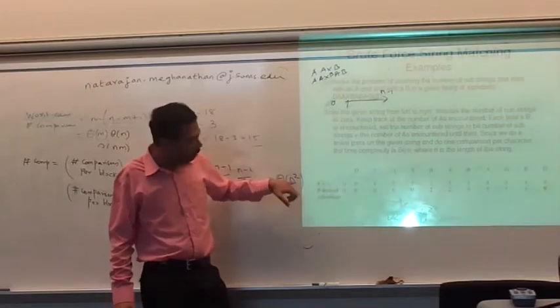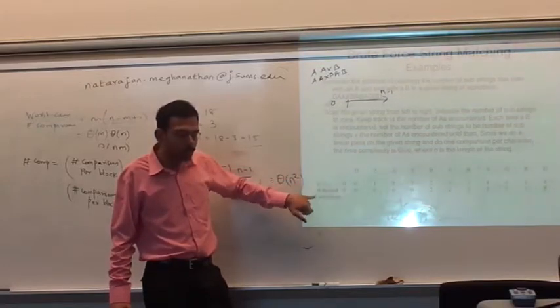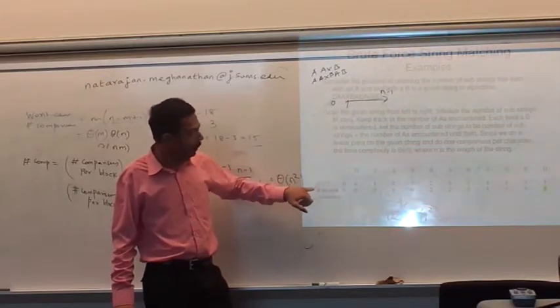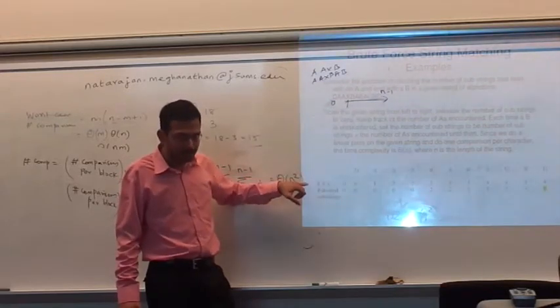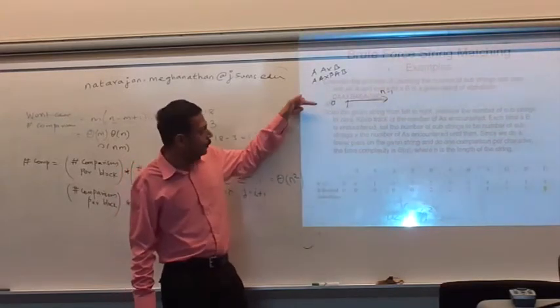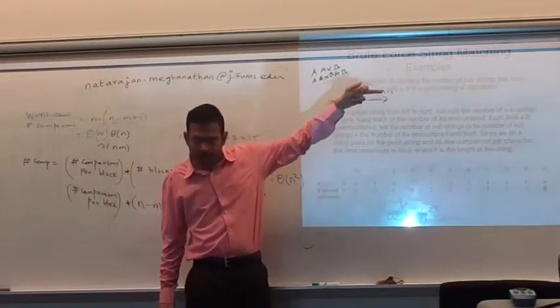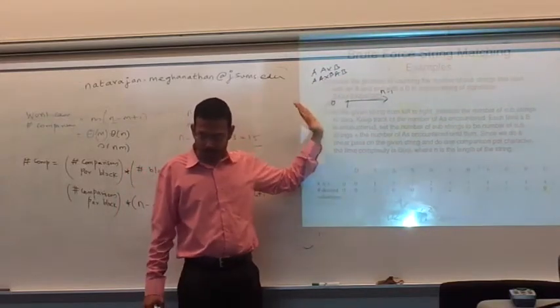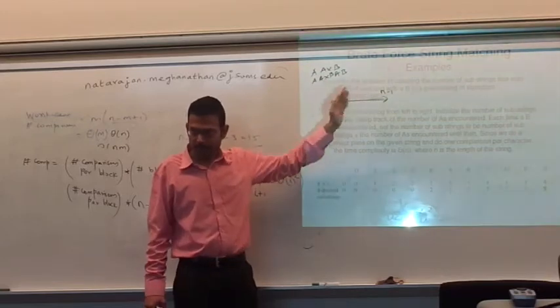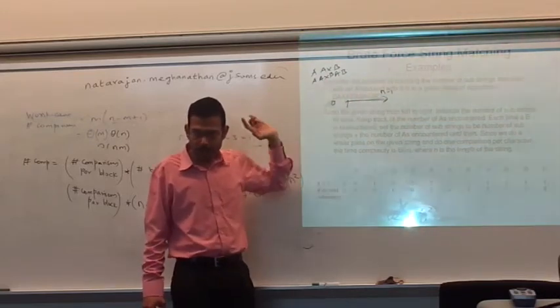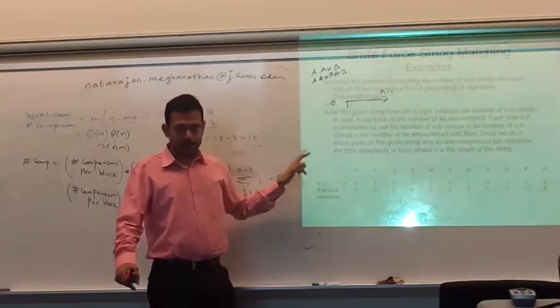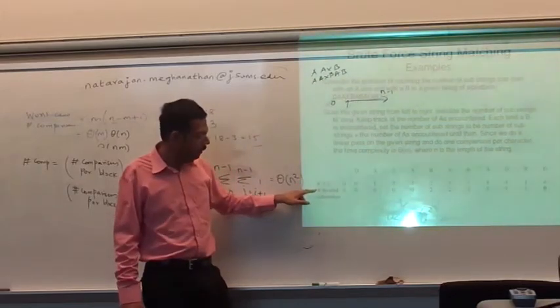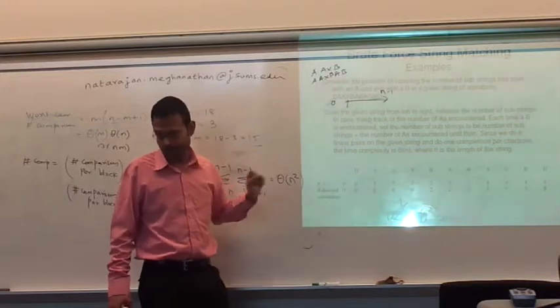So what you are going to do is some bookkeeping. Bookkeeping means we are going to keep track of the number of A's we have seen so far as we scan through this string from index 0 to n minus 1, from left to right. As we scan through the string, we keep track of the number of A's we have seen, and then based on that, we keep track of the number of desired substrings that we have seen.